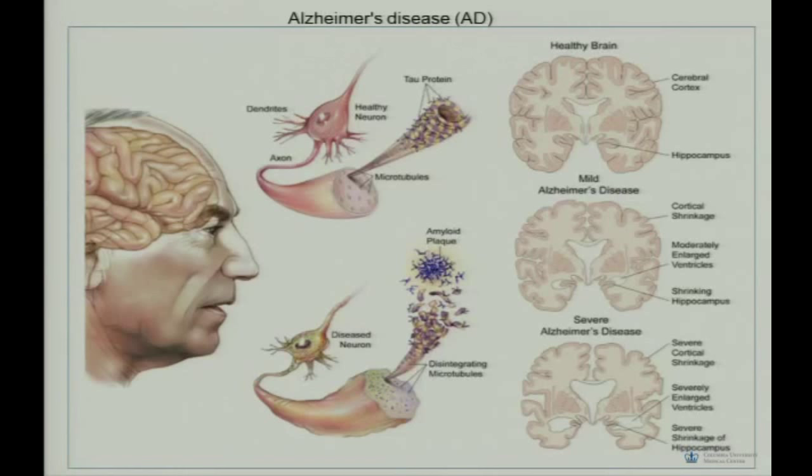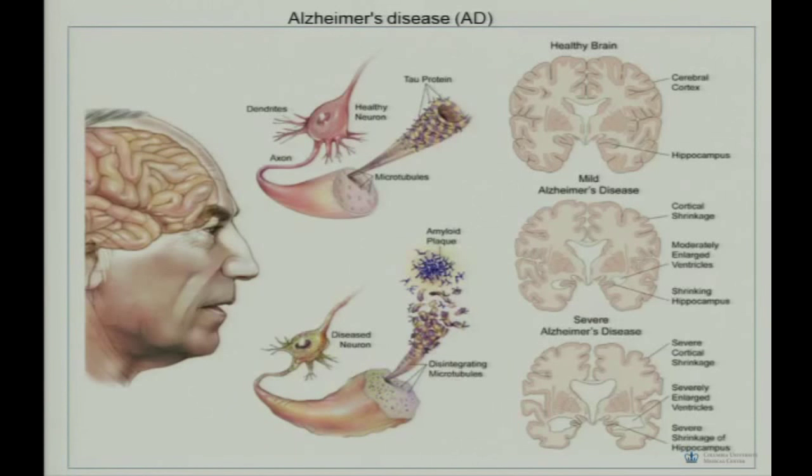The amyloid protein, which is a basic structural protein, starts to accumulate and form plaques that are visible histologically.